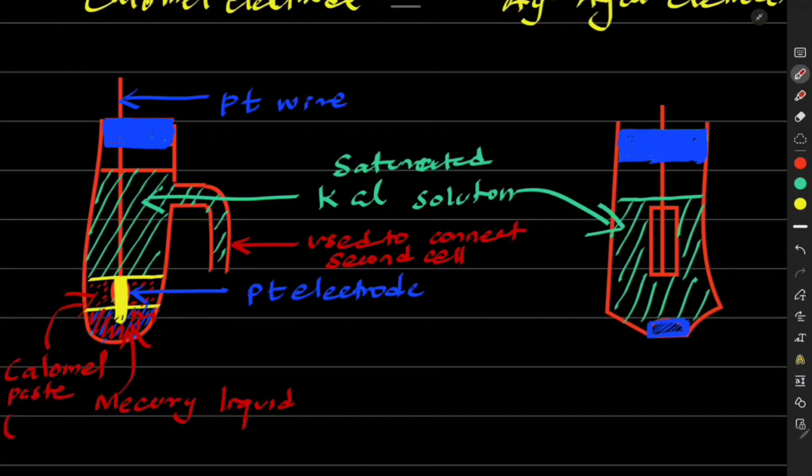Calomel paste means Hg2Cl2. This is mercury liquid, and this is calomel paste, which is Hg2Cl2.